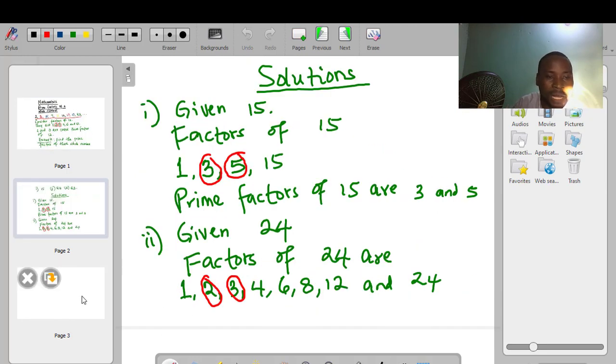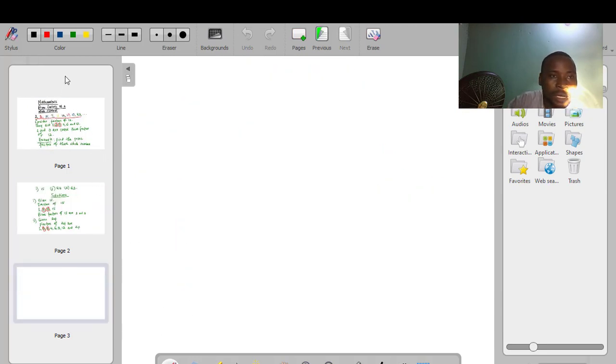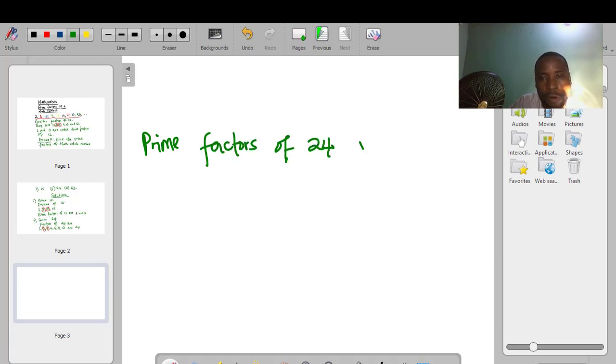So we now say that the prime factors of 24 are 2 and 3.